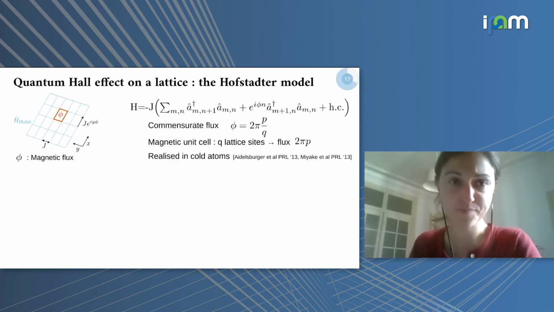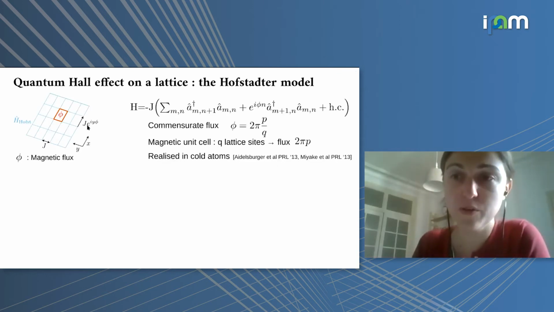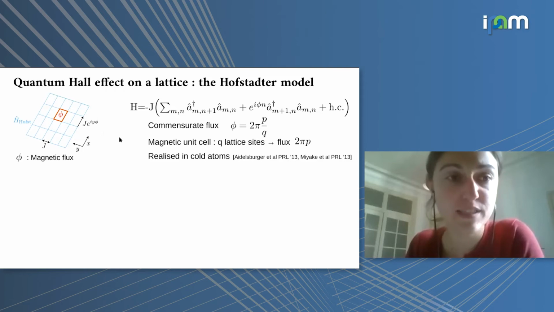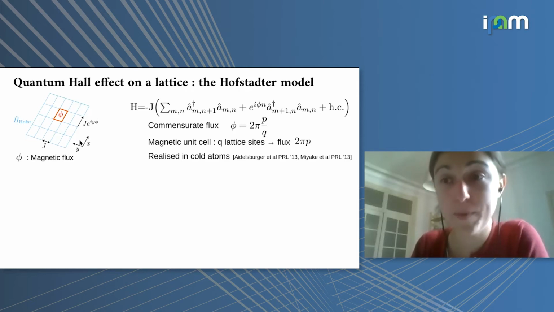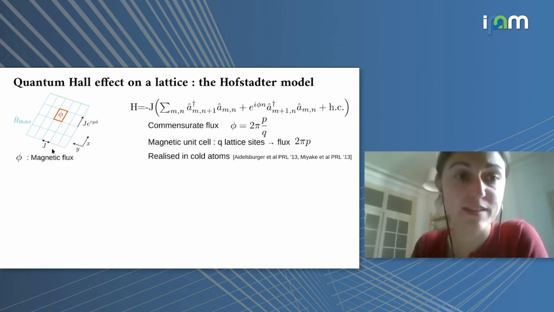So let me start by giving a little bit of background and explaining the models that I'm using. So the model that we are considering is the Harper-Hofstadter model on the square lattice. So you have a square lattice with hopping terms between nearest neighbors. And this hopping term has an amplitude that is J in the y direction and J e^{iφy} in the x direction.